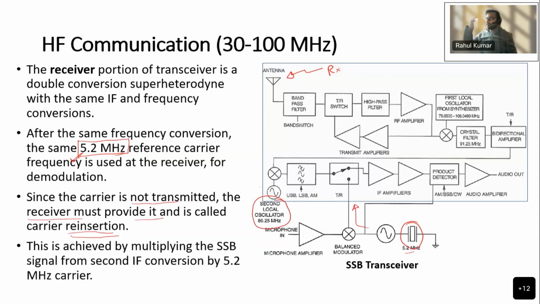Your receiver will provide that 5.2 megahertz carrier signal, and after this stage the signal is multiplied, then amplified, and then you have your detector which converts the RF or radio frequency signal into an audio signal. So that is your HF receiver.